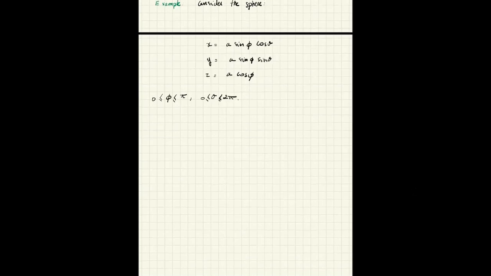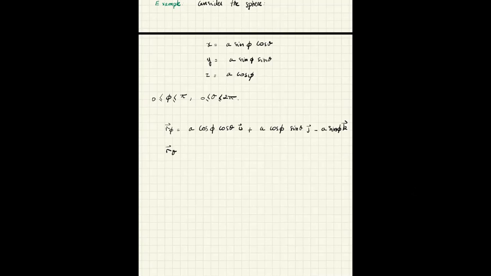Now you have to compute. So what is r phi? It's a cos phi cos theta i plus a cos phi sine theta j minus a sine phi k.